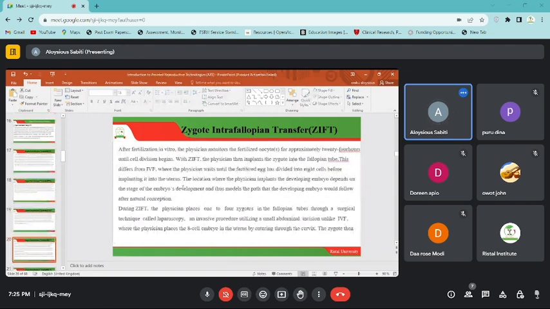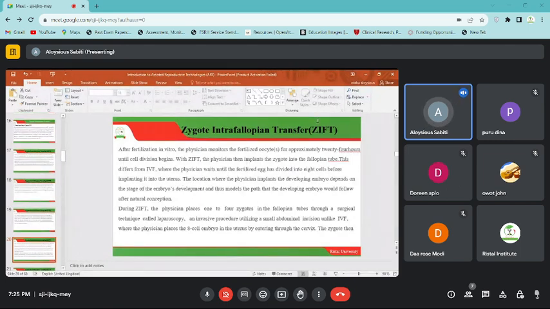Meaning after the process of fertilization in that petri dish, the physician monitors the fertilized oocyte or oocytes. Now here we're talking about an embryo, meaning that fertilization has taken place because the sperm has been injected into the ovum.